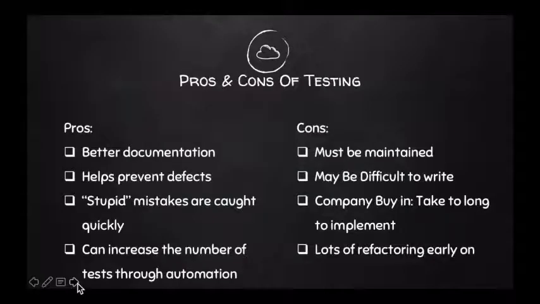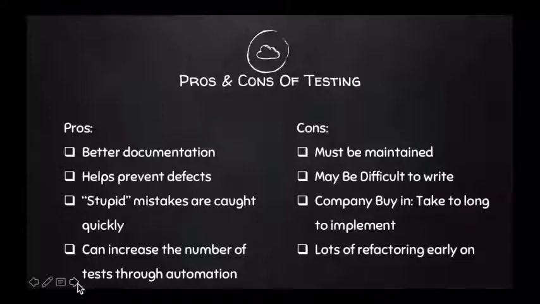Okay, moving on. So essentially, some of the pros and cons of testing. So pros, as you test your code, you're actually, in a sense, documenting your code. Because as you walk through, if you do your testing right, you have to fully understand the application you're testing, in which case you might as well build the documentation out so you get better documentation. It helps prevent defects. So as Tim said and as Dave said, no code is truly bug-free.